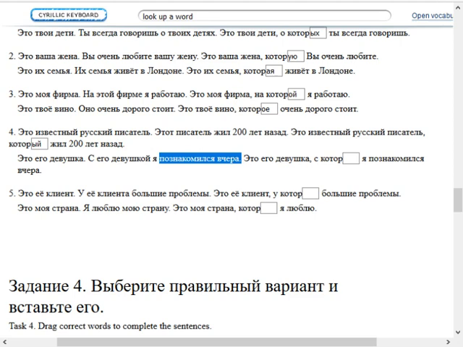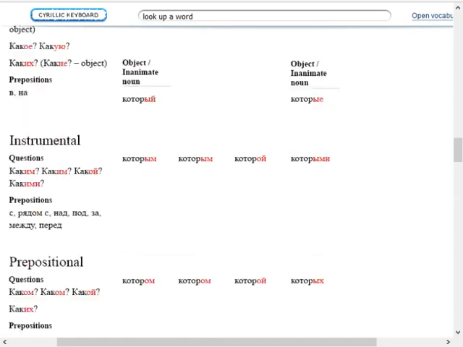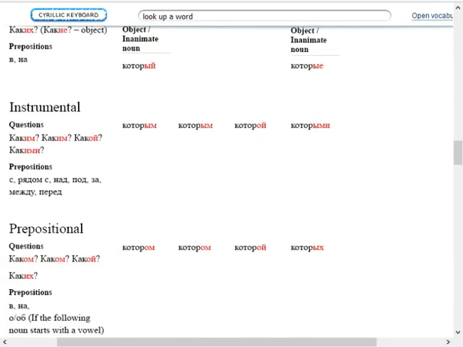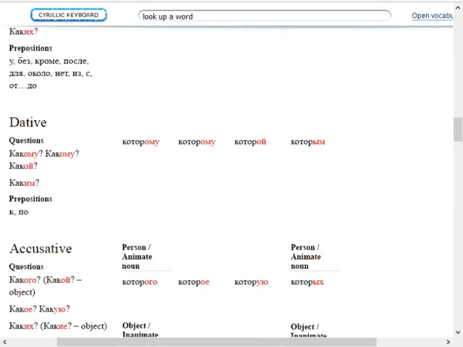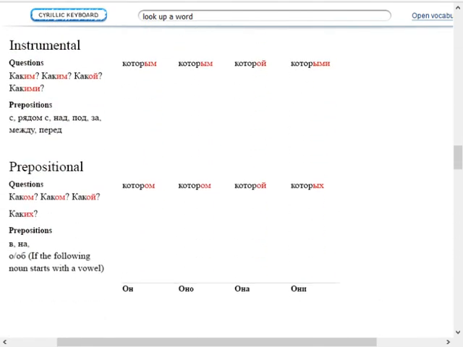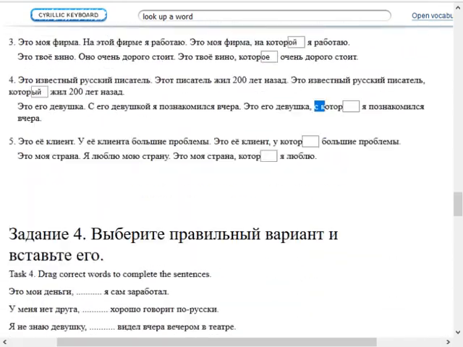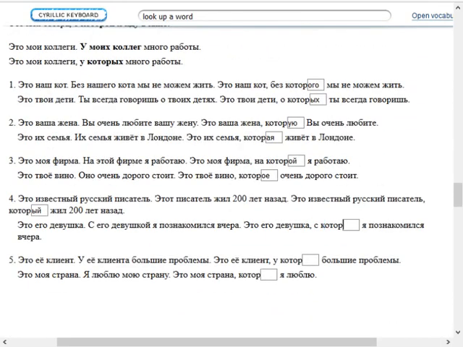So with his girl, I met yesterday. So then the sentence becomes, this is his girl with whom I met yesterday. So s is instrumental. So we have instrumental case here, and girl is obviously она. It's obviously feminine. So instrumental feminine is которой. So this should be которой, like that.